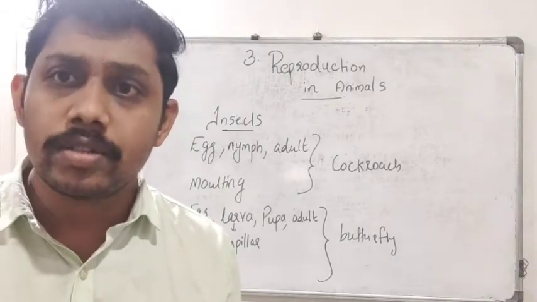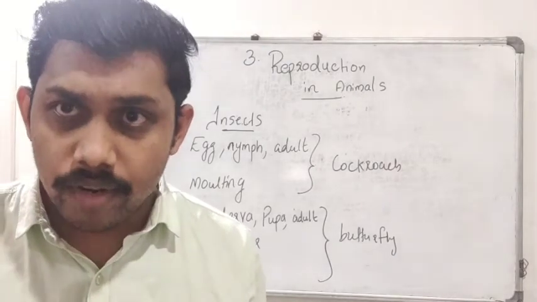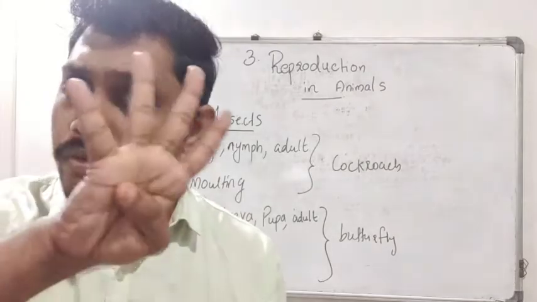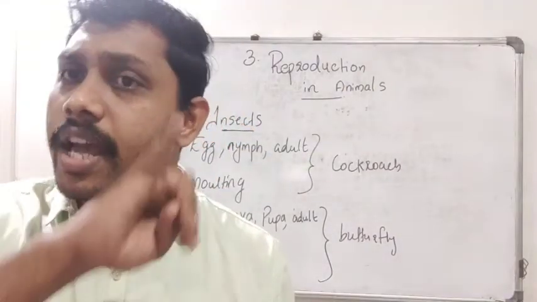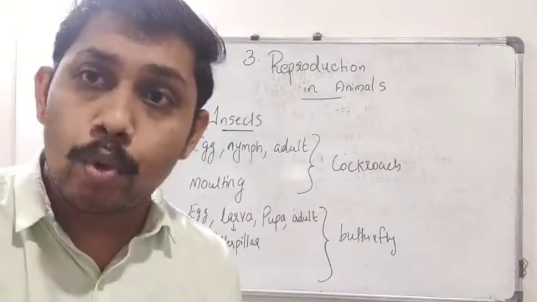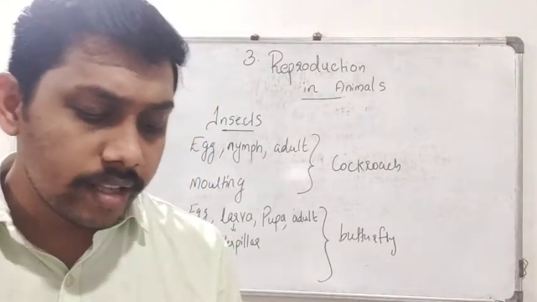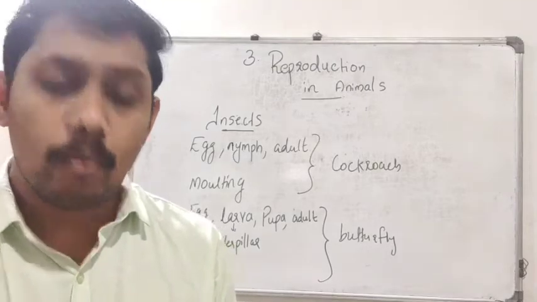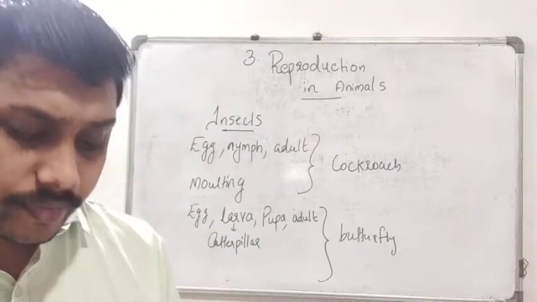Next we move to the butterfly, which has four stages: egg, larva, pupa, and adult. Now just look at what happens.